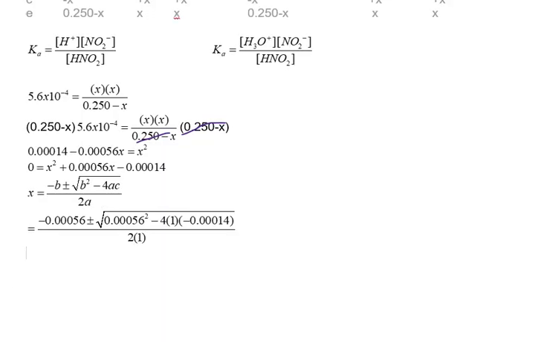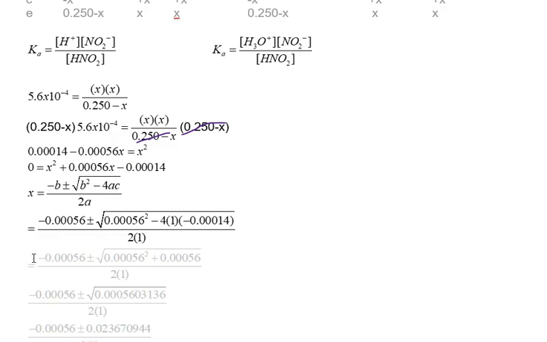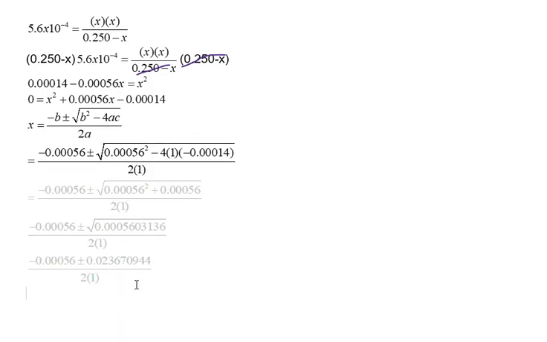To solve that, some people are going to be comfortable plugging that whole thing into their calculator as one giant equation. But if you want some intermediate steps, I'll put those up here. Our intermediate steps, which you may show or not, I've put in a light gray, maybe too light.